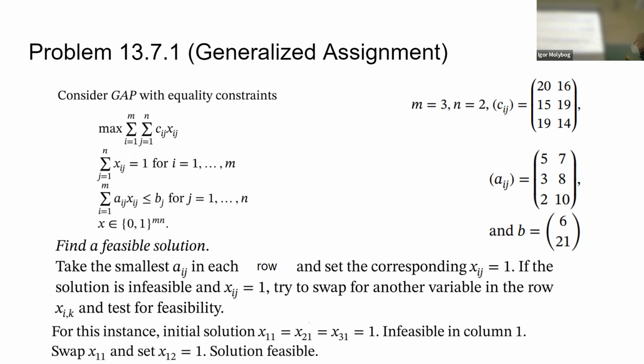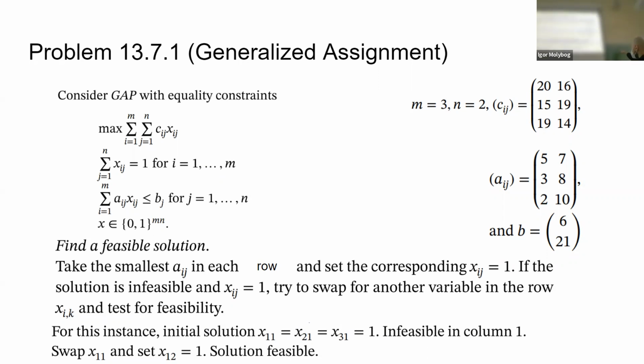According to our strategy, we find the column where it's infeasible, and for that column, we find the largest value of A, which is going to be 5, and we flip the position of the 1 for that particular row. So instead of 1 here and 0 here, it's going to be 0 here and 1 here.